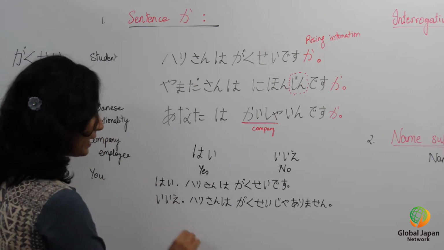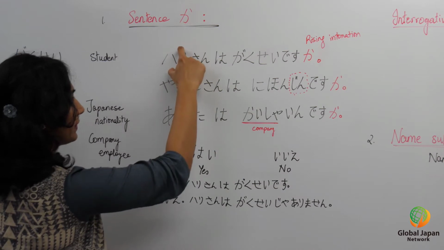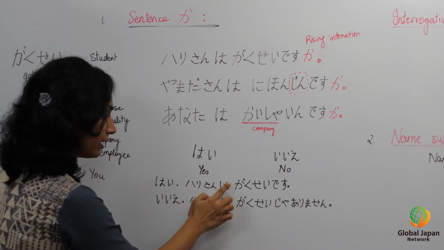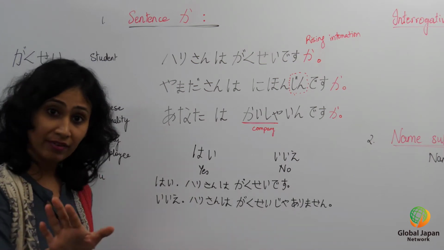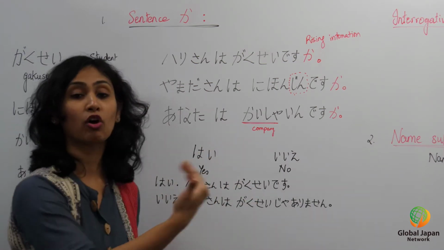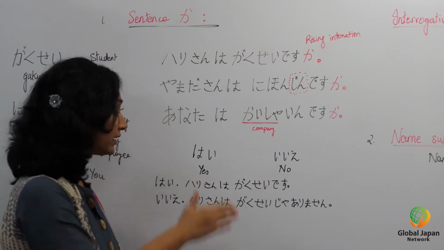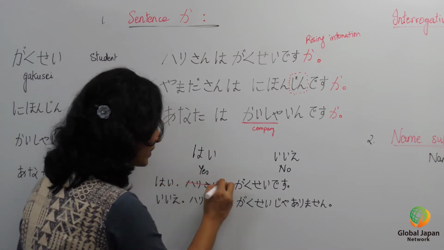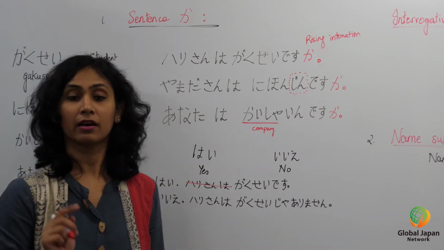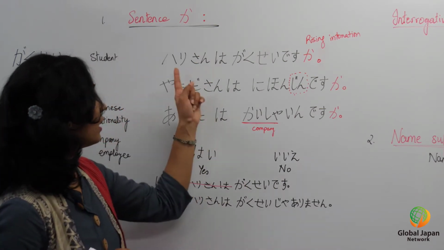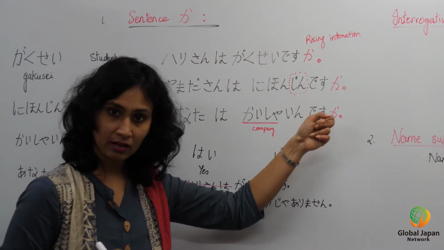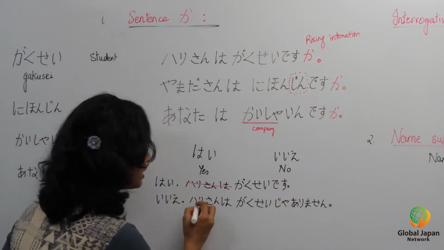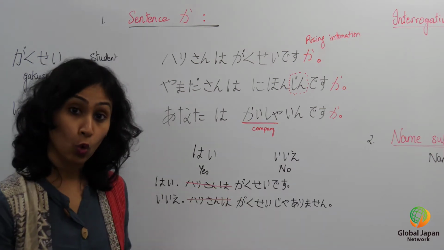Hence, in this case, even if I told hai, gakusei desu, it's understood that Hari-san only we are talking about. So I need not repeat Hari-san wa gakusei desu. I could skip this and just tell hai, gakusei desu. Hari-san wa gakusei desu ka? Iie, gakusei ja arimasen. Even if I skip this, it's okay.